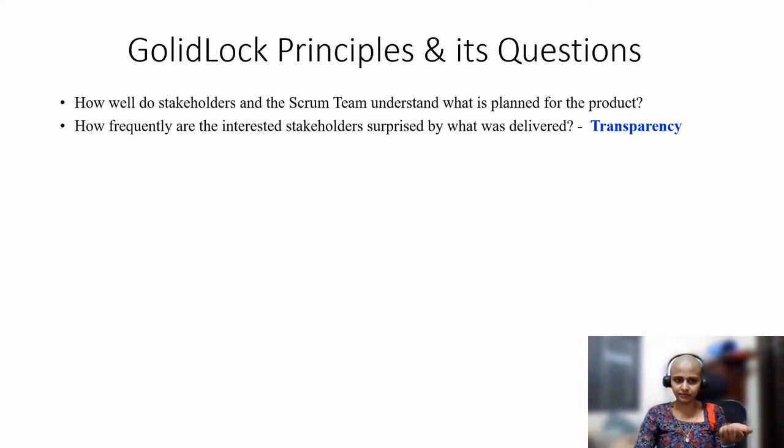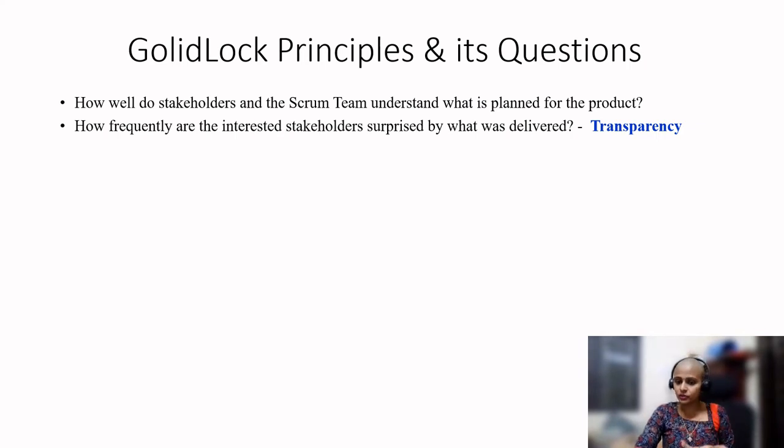First, transparency. How well do stakeholders and the scrum team understand what is planned for the product? Pose this question in a very open manner. What is your understanding of this product? Why are we developing this one? How frequently are the interested stakeholders surprised by what was delivered?